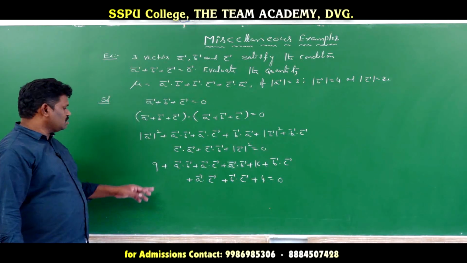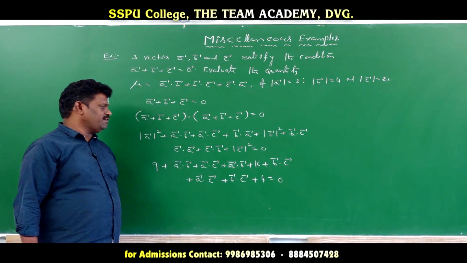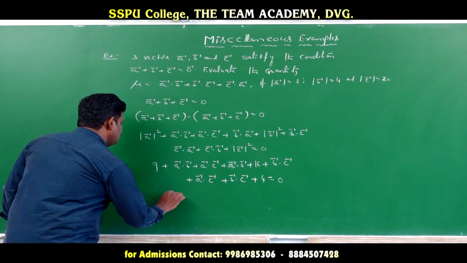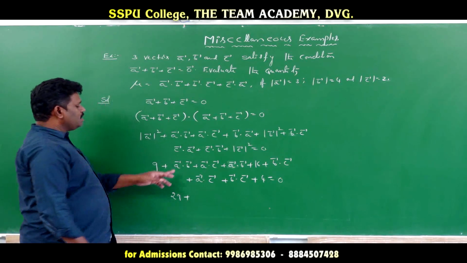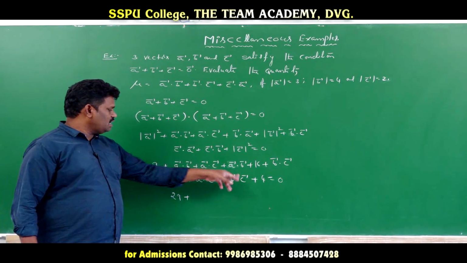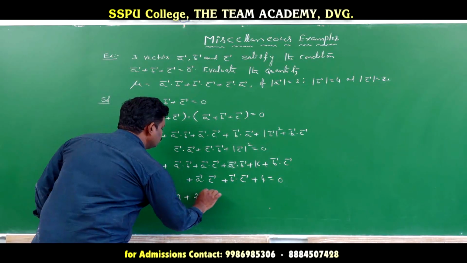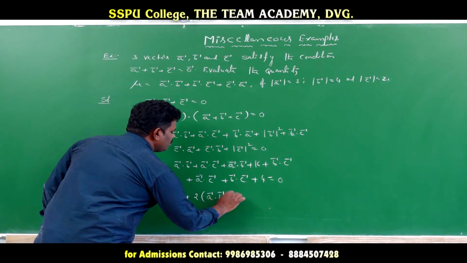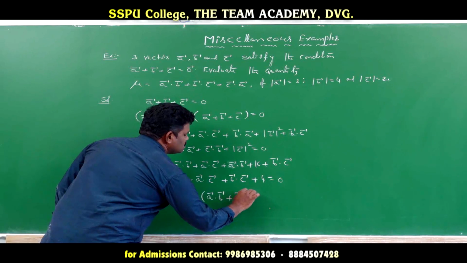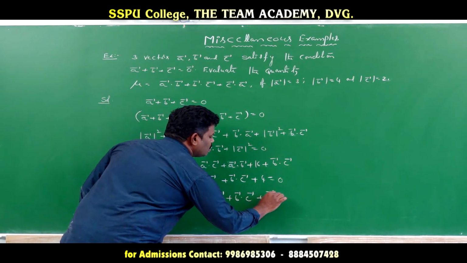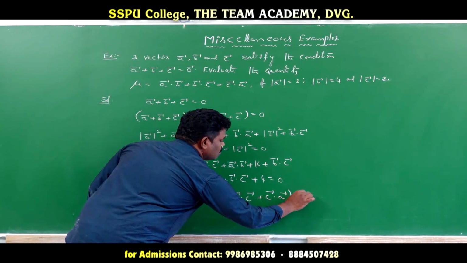Now see, constants: 9 plus 16 is 25, plus 4 is 29, plus A dot B, A dot B, A dot C, A dot C, B dot C. So that's why, since each is repeated twice, it is 2 into A bar dot B bar plus B bar dot C bar plus C bar dot A bar is equal to 0.